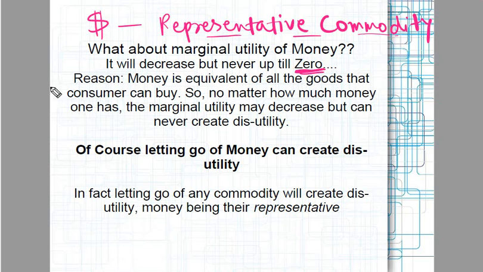So it's the same as saying I don't want any money, meaning you derive no satisfaction from money at all. So there you go, problem solved. It's only applicable to those goods, services, or commodities that you actually want. So if you want money and it's a representative commodity, its utility will not really decline, because you can buy a variety of goods and services with it.